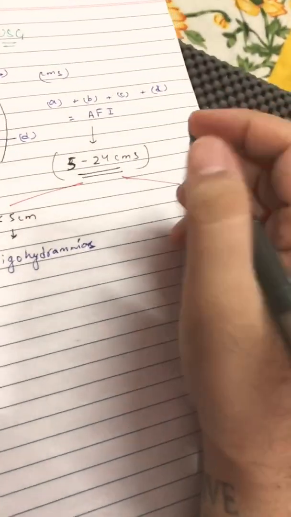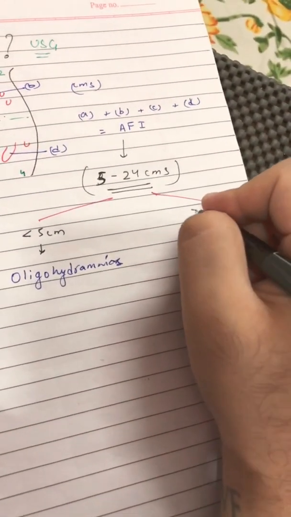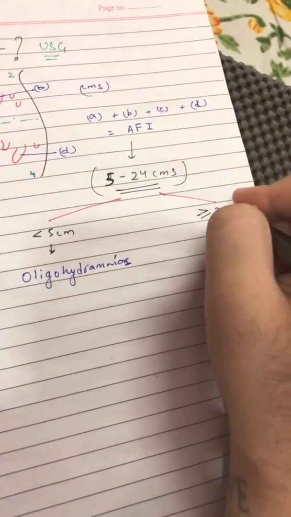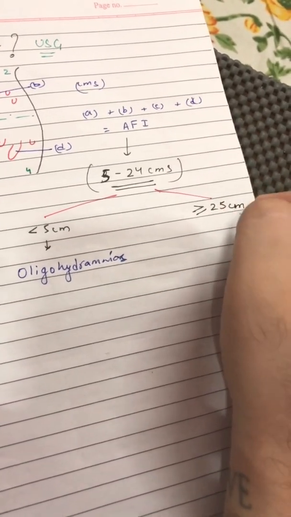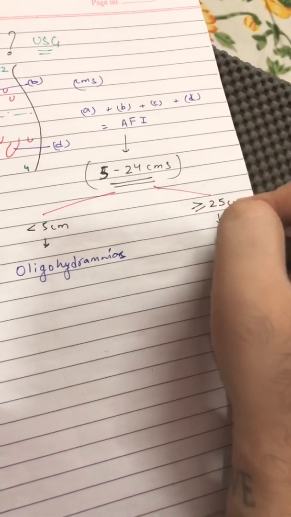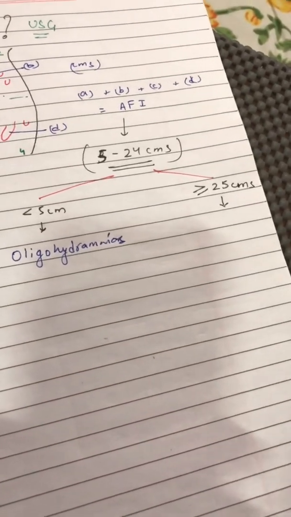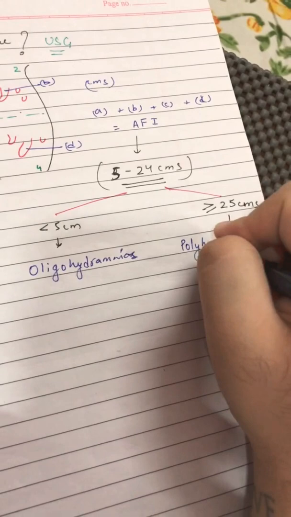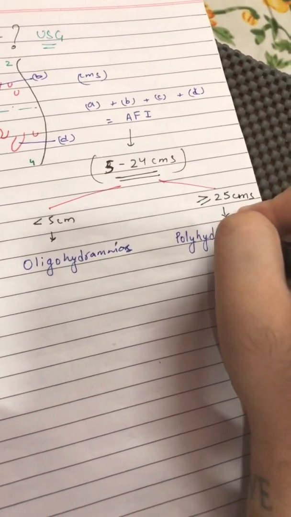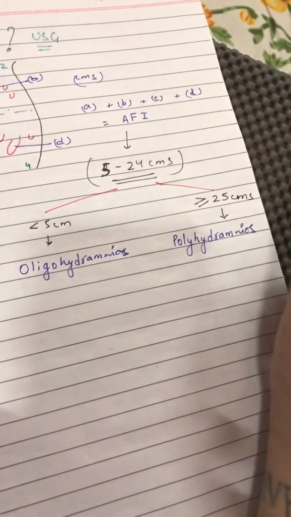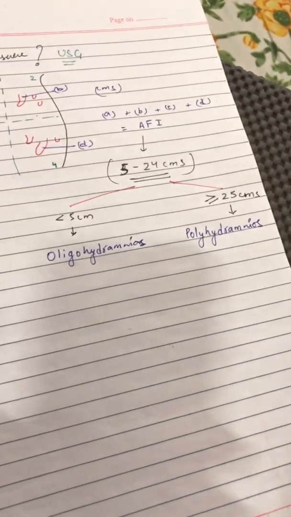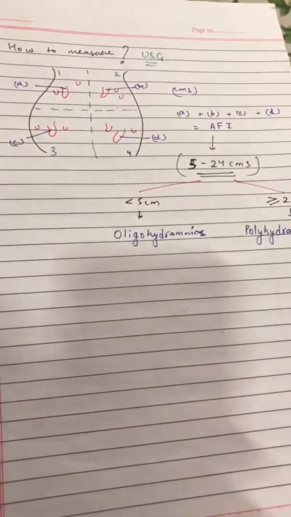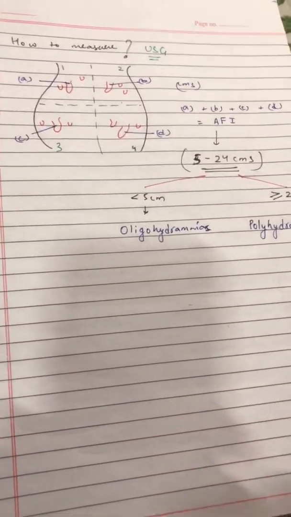If it's more than or equal to 25 centimeters, then we are going to diagnose the patient with polyhydramnios. But in case of twin pregnancy, this method is not the best method.